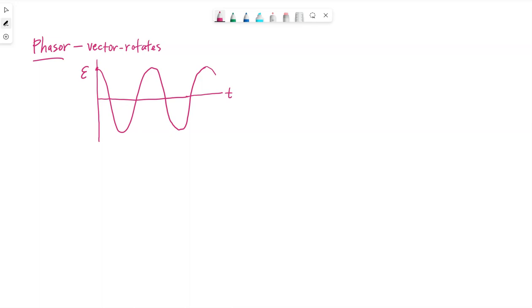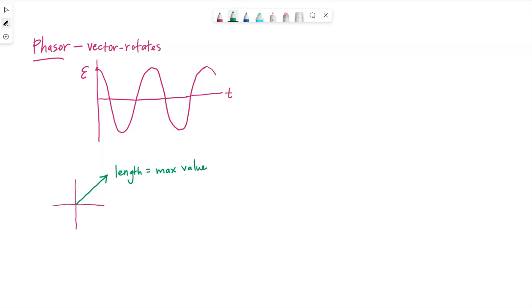So I would draw a vector. The length of this vector represents the maximum value of whatever I'm representing.